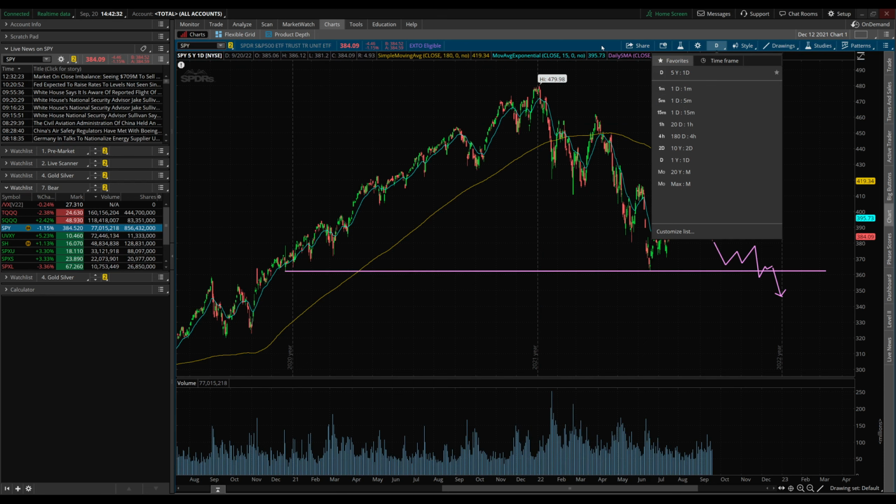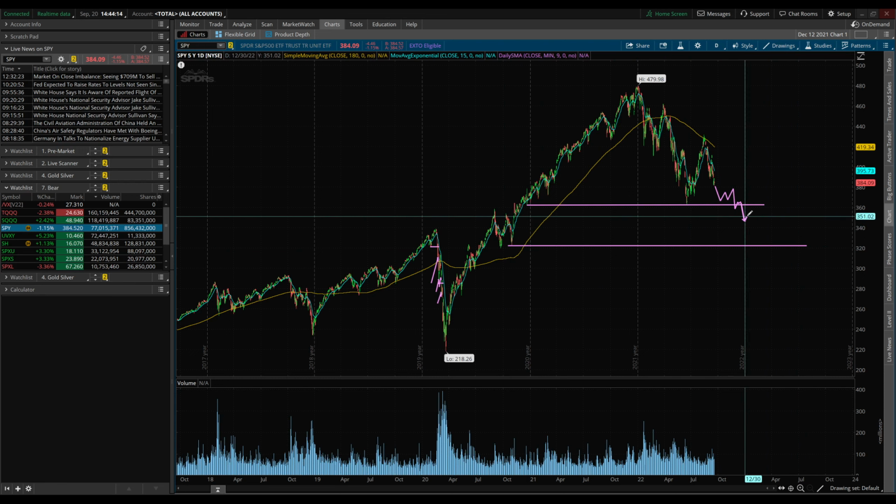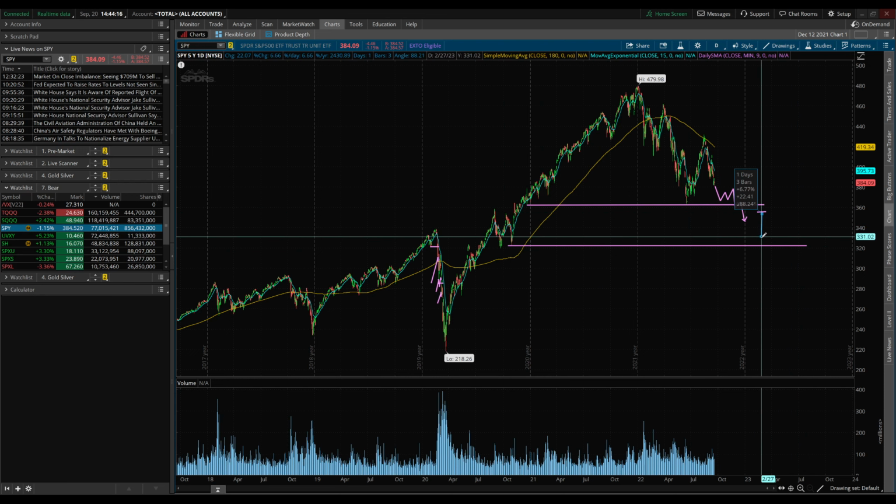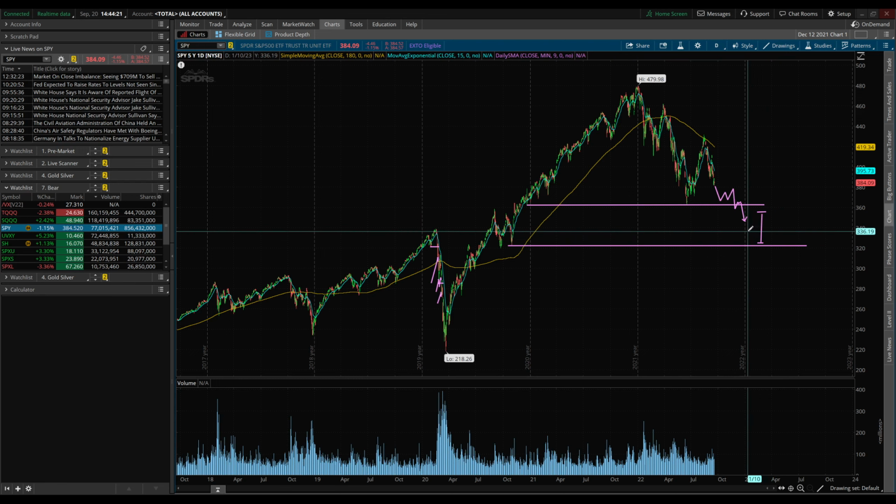We don't know what's going to happen next, but if it breaks below 362, there's a very high chance of the market tanking. Probably tank all the way until like 322. So it has this much room for profit if you're shorting the market.